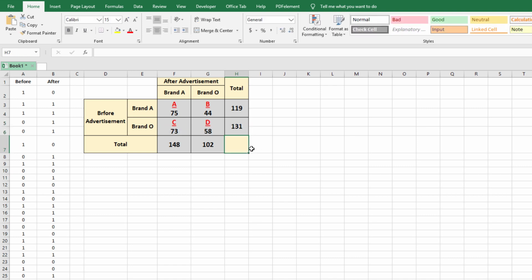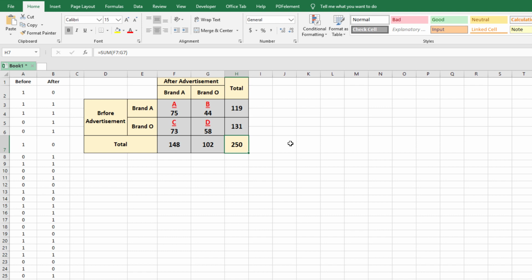Then total it. Both are the same. This should be our sample size, so using auto sum, 250 is our sample. 148 plus 102, 250. 119 plus 131, 250. So this is the 2 by 2 contingency table.